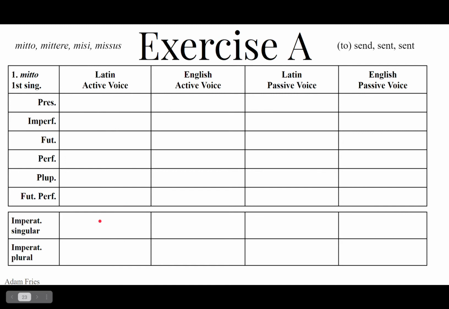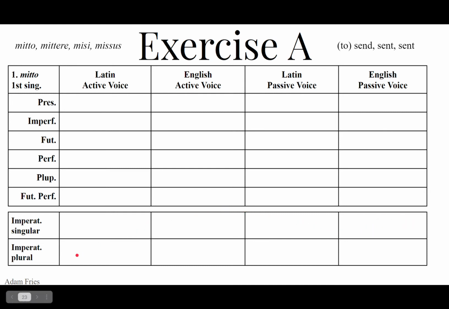The imperative singular, it's a third conjugation, so chop the re off of the second principal part to get mitte. Mitte, send thou. Come on, you, send. The passive, mittere, same as the second principal part. Be sent. Come on, you, get sent.